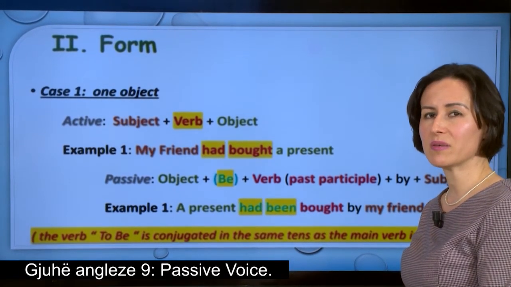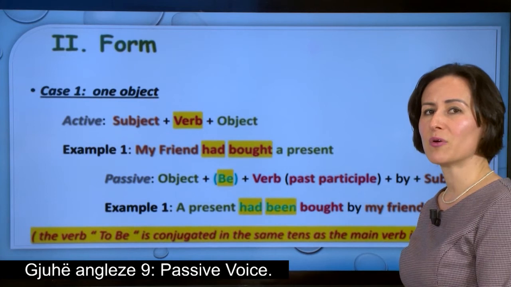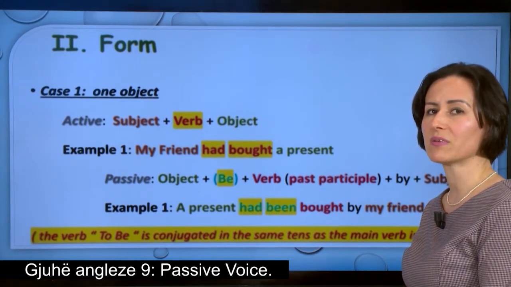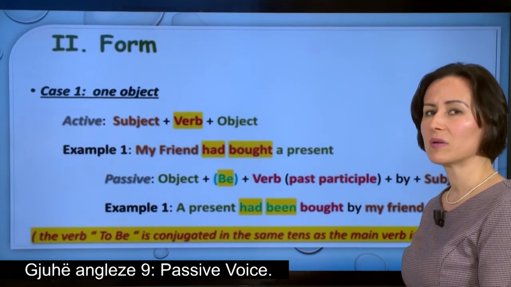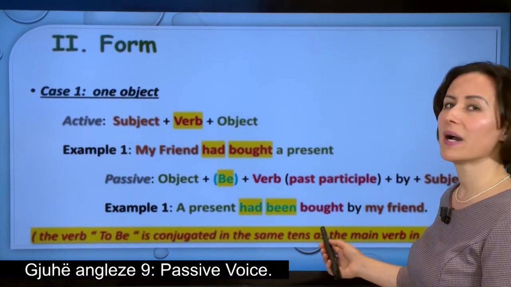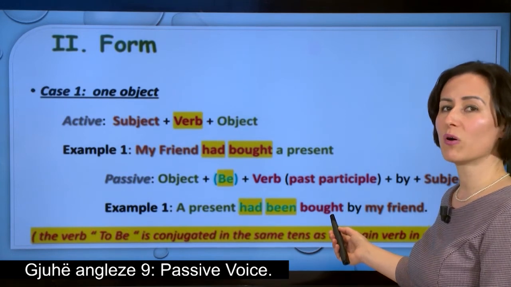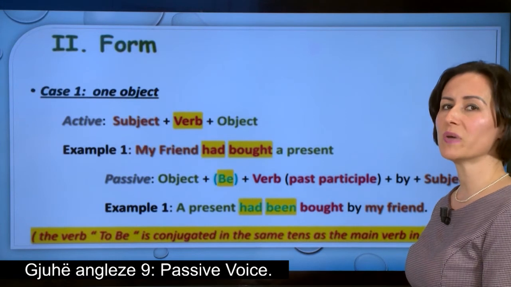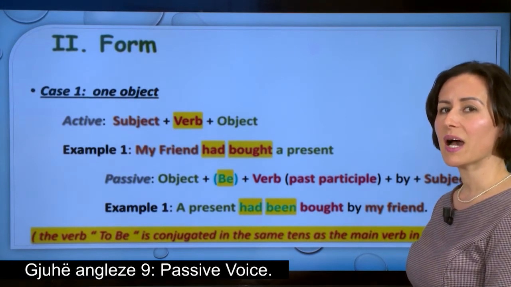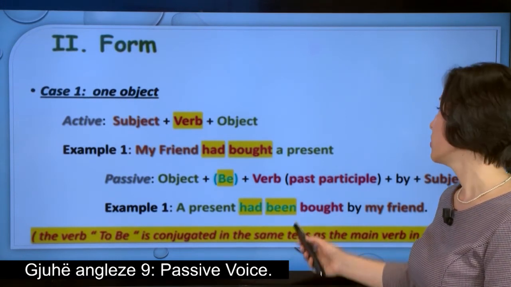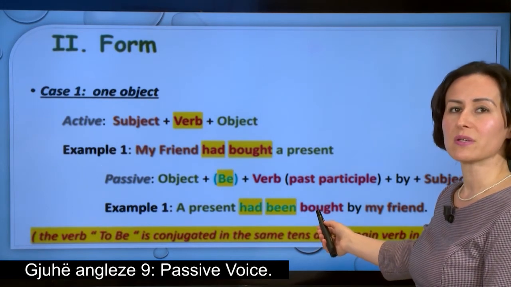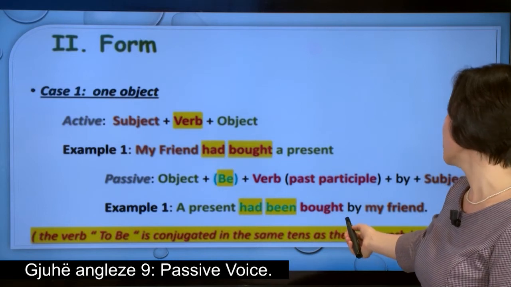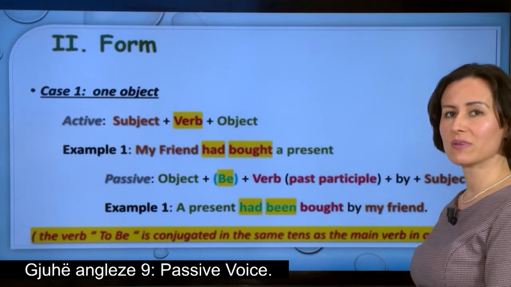As I previously mentioned, verb be is put into the past perfect, had been, followed by the past participle of verb buy, which is bought. Don't forget to make use of by after this new grammar structure. So, a present had been bought by my friend.